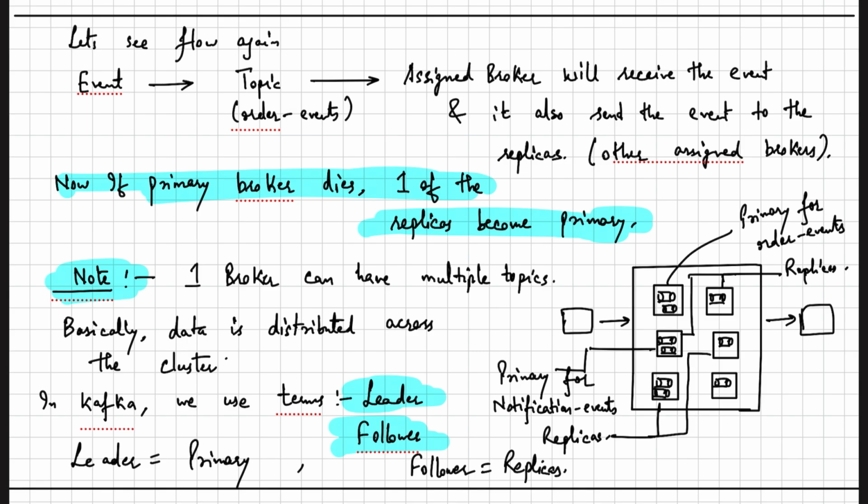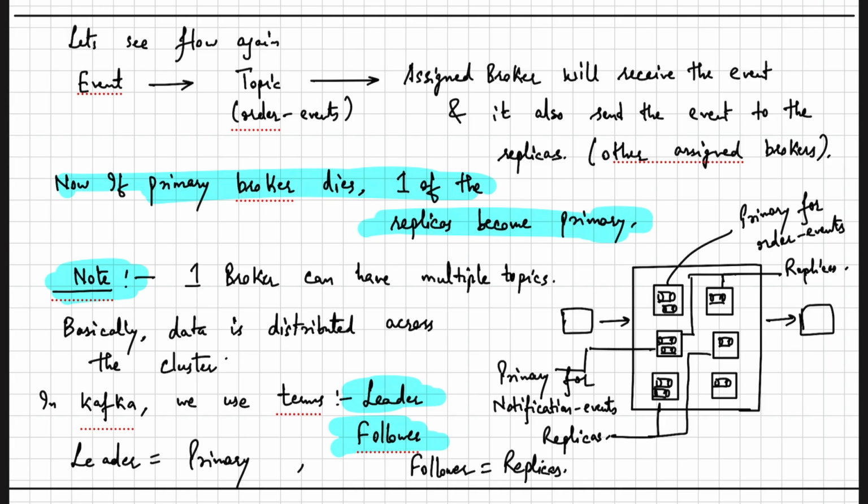Now your question could be, who will select these replicas? The controller will select the replicas, because at the time of the topic create command, the controller will find out the nodes. For example, there are 6 nodes, so there could be one primary and 2 replicas, right?